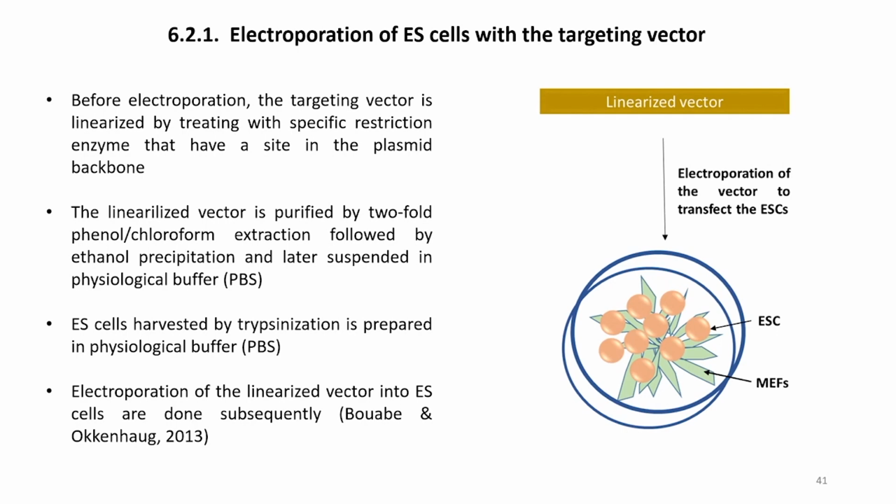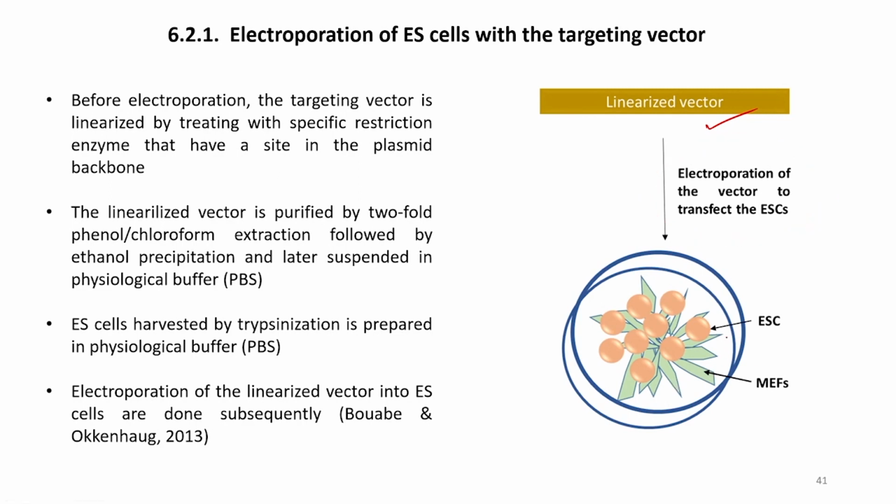The linearized vector is purified by twofold phenol-chloroform extraction followed by ethanol precipitation, and suspended in physiological buffer. Embryonic stem cells harvested by trypsinization are prepared in physiological buffer as well. Then electroporation of the linearized vector into the embryonic stem cells is done.